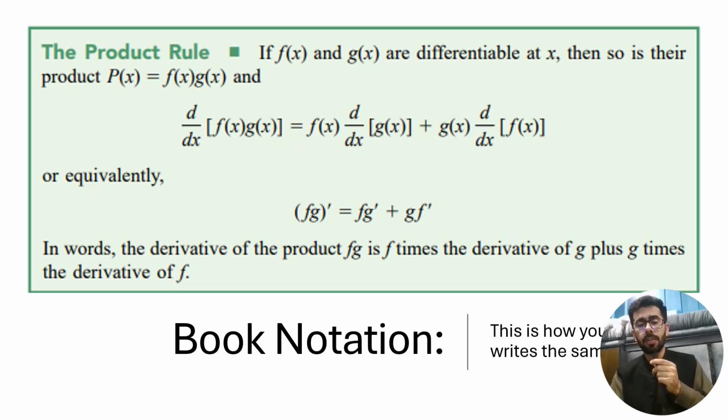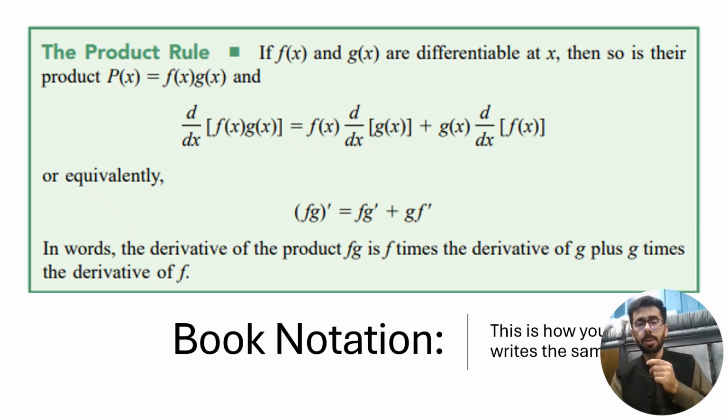Keep the first function f of x as it is, find the derivative of the second function g of x, then add the next term: keep g of x, which is the second function, as it is, and find the derivative of the first function. We have discussed this already that for derivative we have different representations of notations with which we can show what a derivative is.